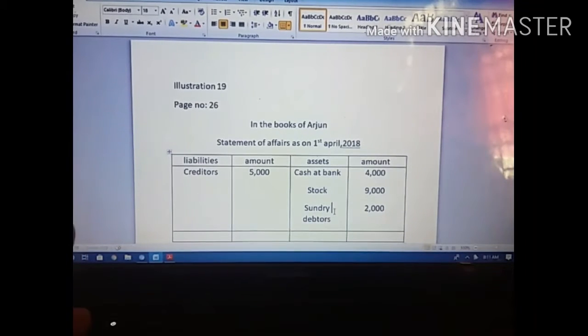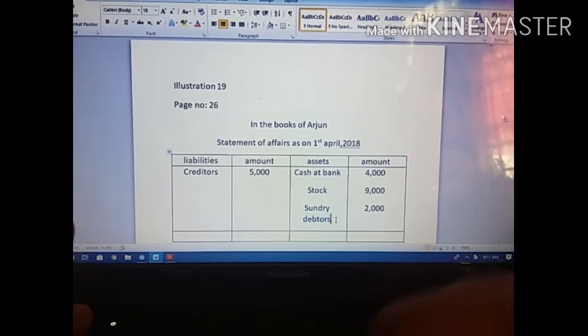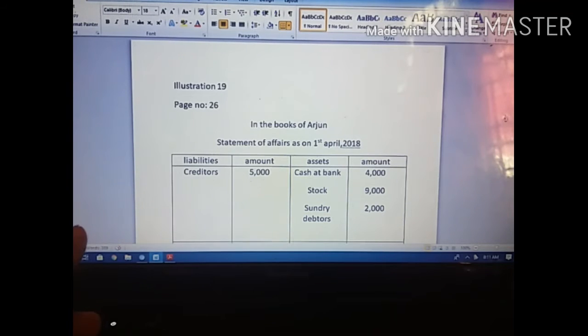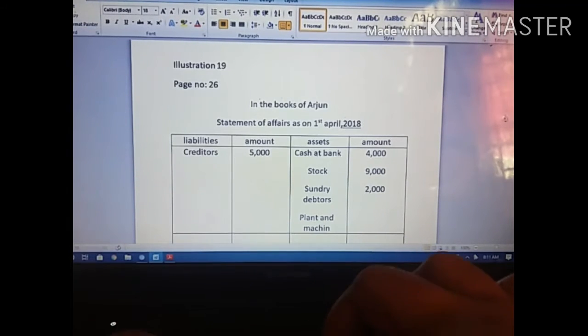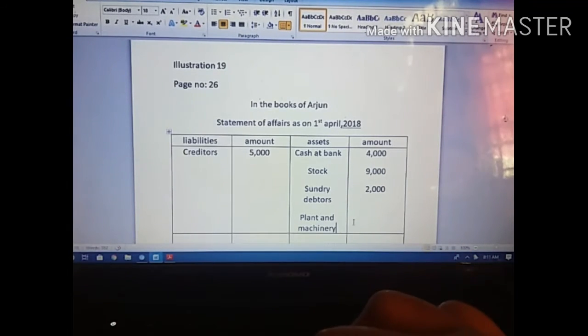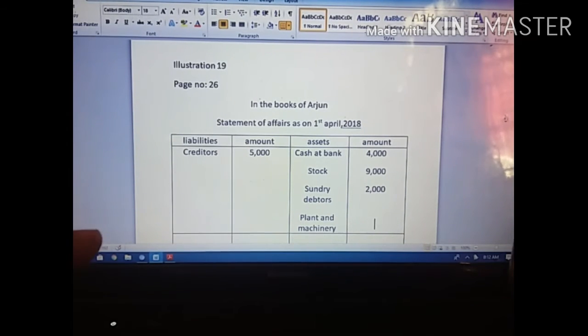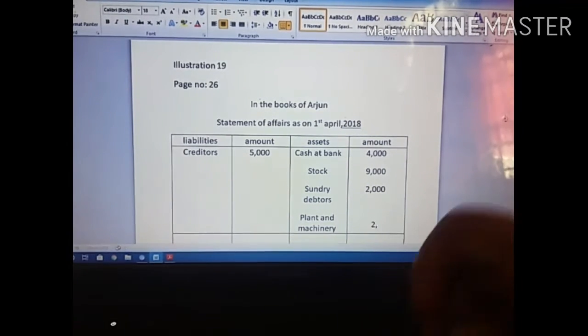Then plant and machinery. Plant and machinery 20,000.